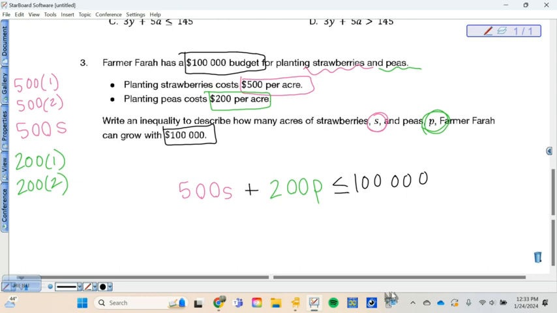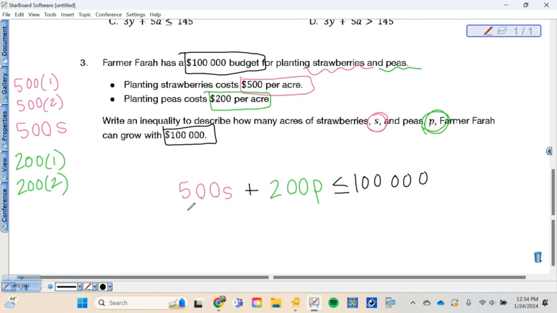That is a lot of acres. Well, it's not 500 acres and 200 acres. So if she only planted strawberries, how many strawberries could she plant? A lot. What would you have to do? Divide by 200, right?